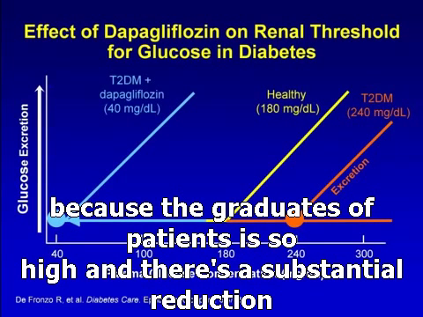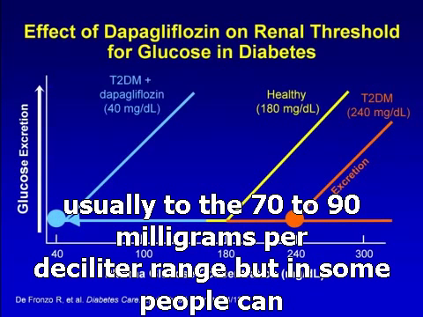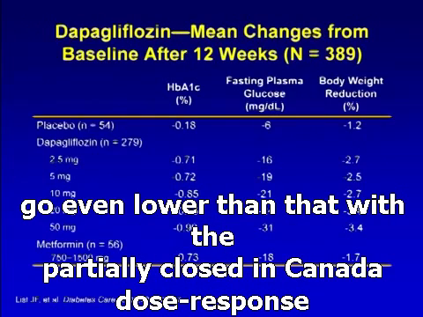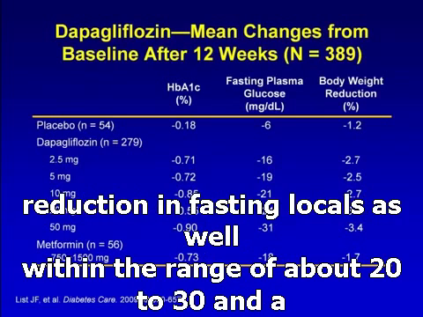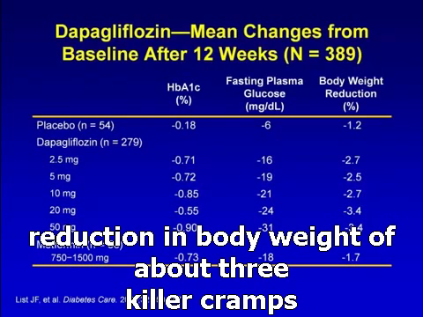And there's a substantial reduction, usually to the 70 to 90 milligram per deciliter range, but in some people can go even lower than that. With dapagliflozin, there's again a dose-response relationship with a reduction in A1C over 12 weeks of about 0.8%, a reduction in fasting glucose in the range of about 20 to 30, and a reduction in body weight of about 3 kilograms.